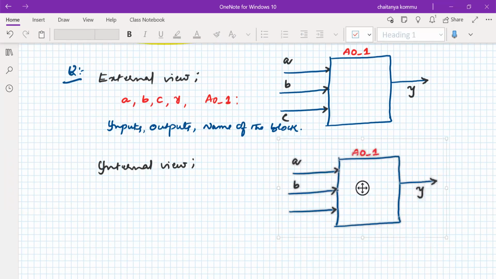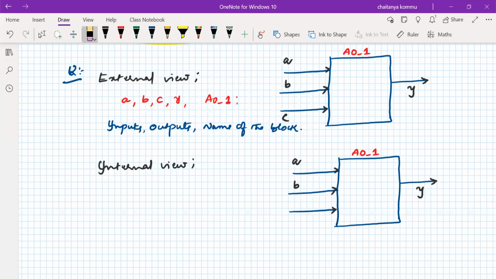The internal view means that we don't bother about the inputs and outputs and all other things, not necessary to consider. It only requires what is internal to this block diagram. We should know about it, right?